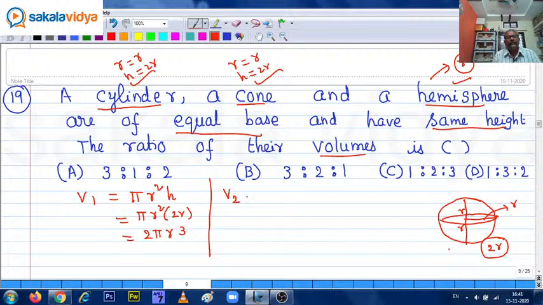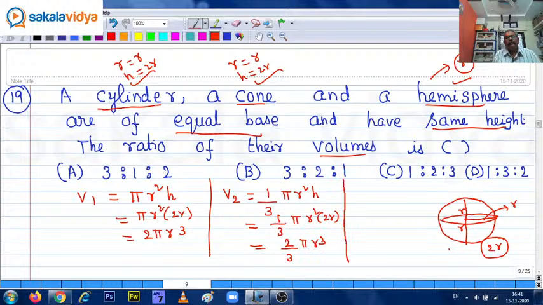Next go to V2, the cone. Cone is 1/3 of pi r square h. Here h is 2r, so 1/3 pi r square into 2r is 2/3 pi r cube. Now V3, volume of the hemisphere, that is 4/3 of pi r cube.